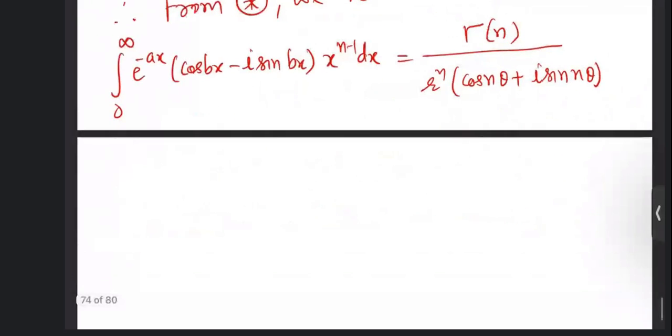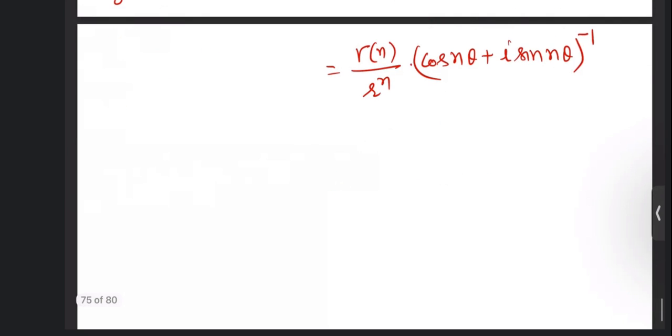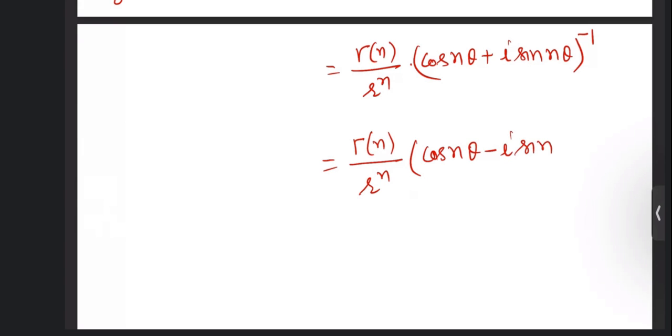The right hand side can be written as gamma of n divided by r raised to power n into (cos n theta plus iota sine n theta) raised to the power minus 1. Again applying De Moivre's theorem, the right hand side will become gamma of n over r raised to power n into (cos n theta minus iota sine n theta).